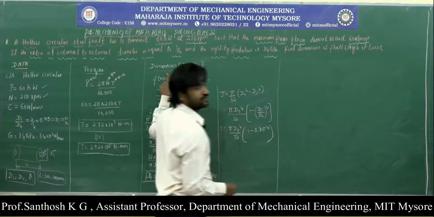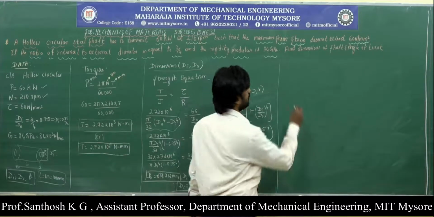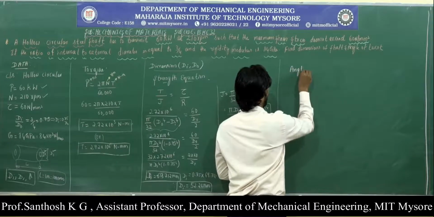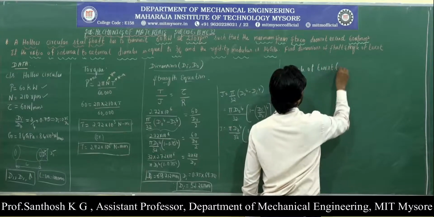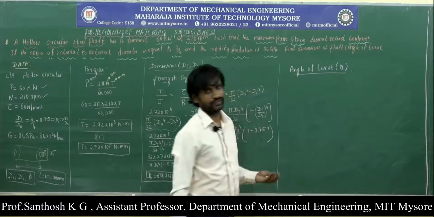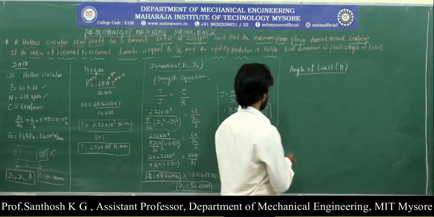Once you find the dimensions, then we should find the angle of twist. The angle of twist is denoted by theta. To calculate the value of theta, again we can make use of the stiffness equation.